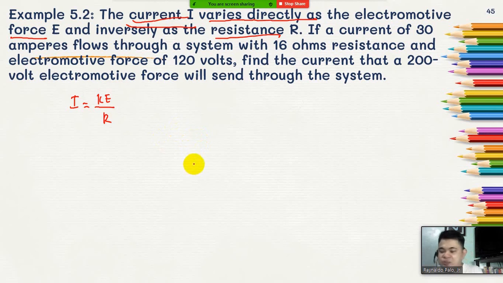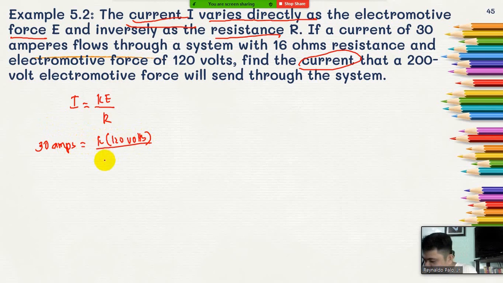Then the next thing is forming our first equation using the first values. Remember that we need to find the second current. The first value of the current is 30 amps equals K times 120 volts over 16 ohms. That's our first equation.